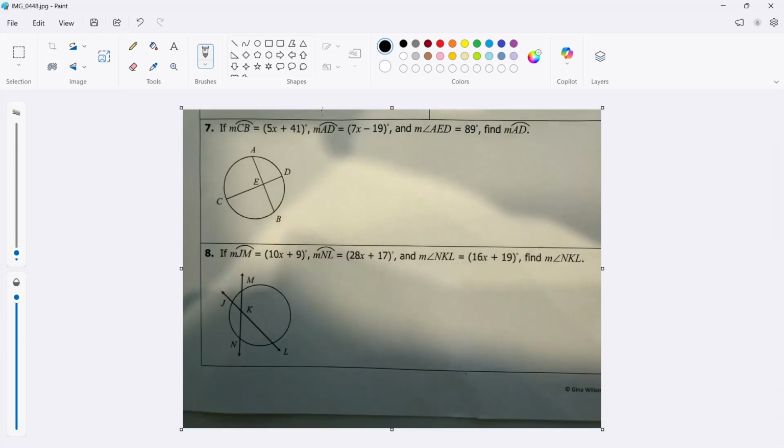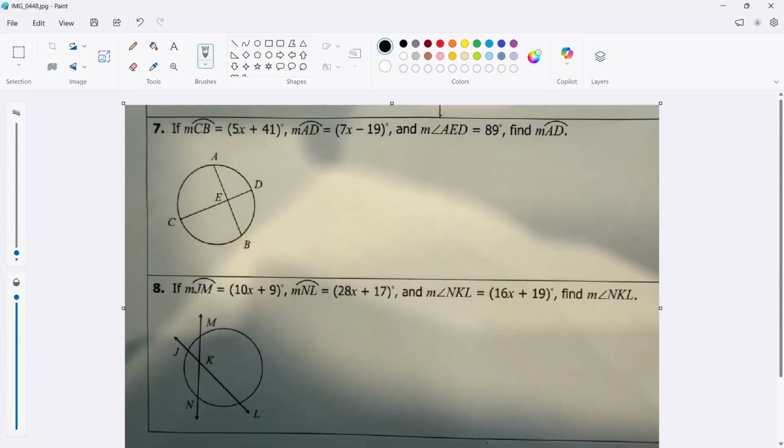I will rotate this. Okay, let's see. Arc CB, that's this, is 5x plus 41, and arc AD is 7x minus 19, and measure of AED is 89 degrees. Find measure of arc AD. Well, I can find x.